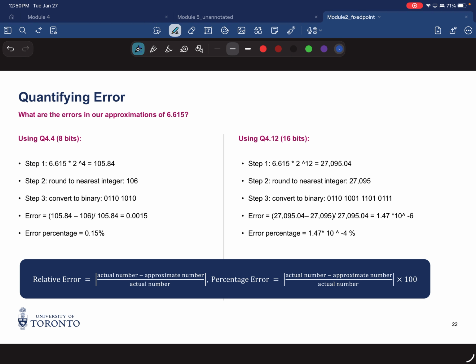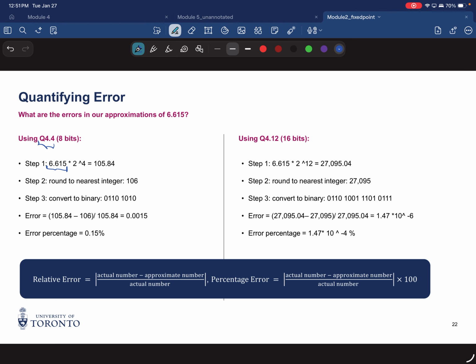So, for example, when we are told to show the number 6.615 in Q4.4. Sorry, when I get stressed, I can't talk properly. So in this case, what we do is that 6.615, we multiply it by 16 in order to convert it to Qm.n.